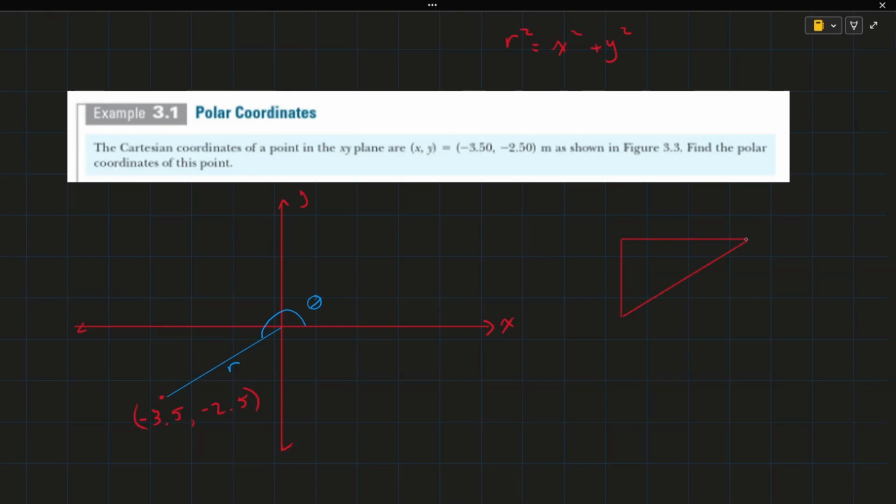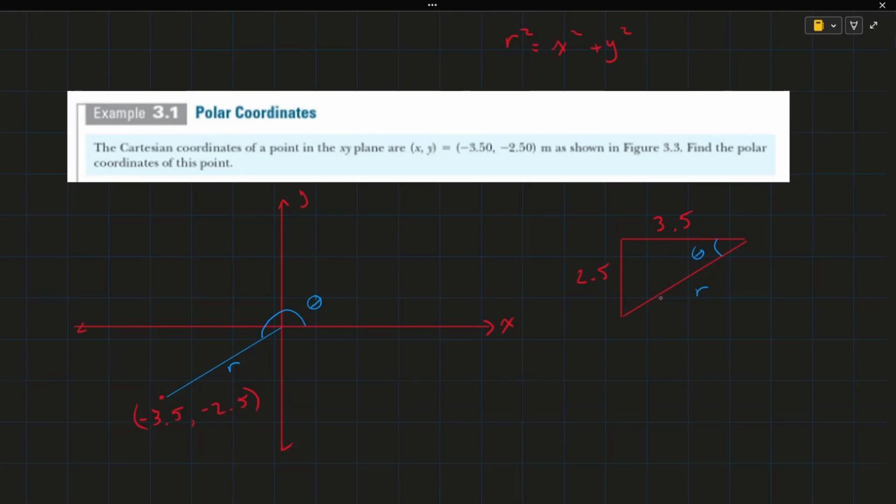So this is what our triangle looks like. We have an angle theta, we have a dimension r, and then we have our given x and y values. I'm going to put the values in here: 2.5 and 3.5. I'm not putting the negatives because I'm just worried about the geometry right now, not where it is in space.